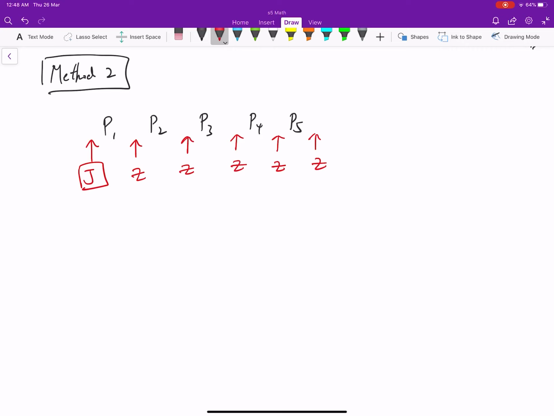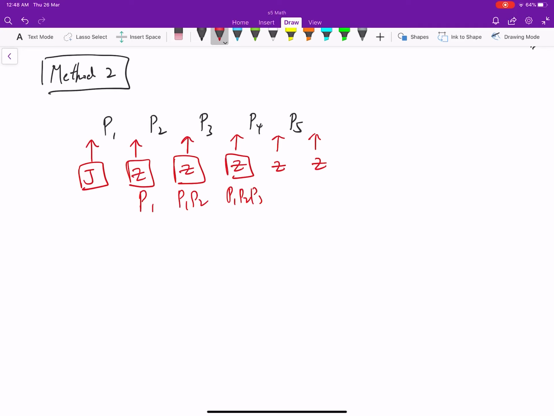If you put here, you will get pair 1 between them. If you put here, you will get pair 1 and pair 2 between them. If you put here, you will get pair 1, pair 2, and pair 3 in between them. So that is also okay.